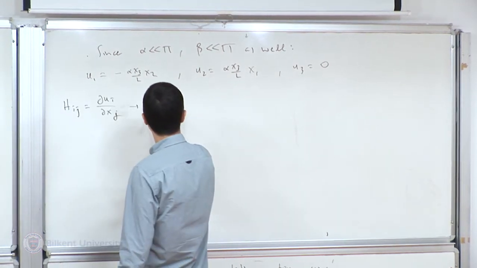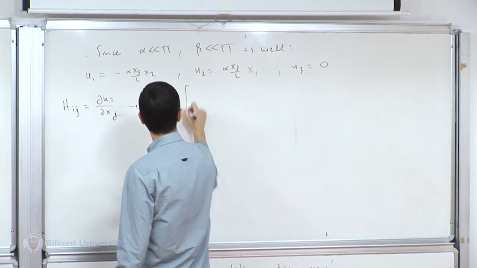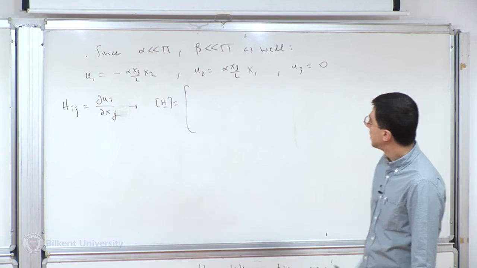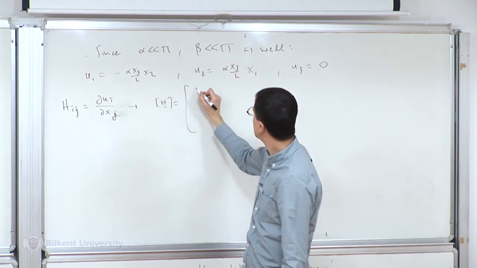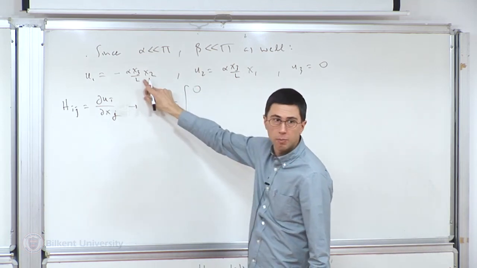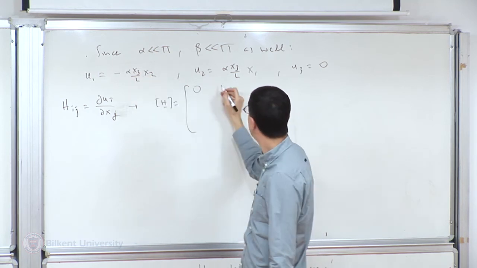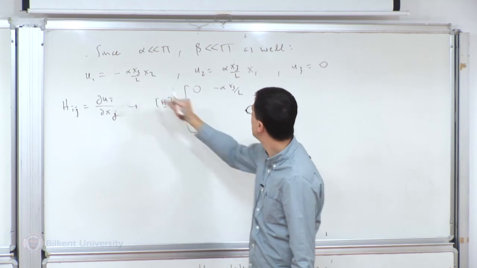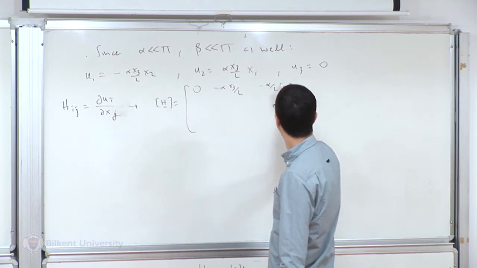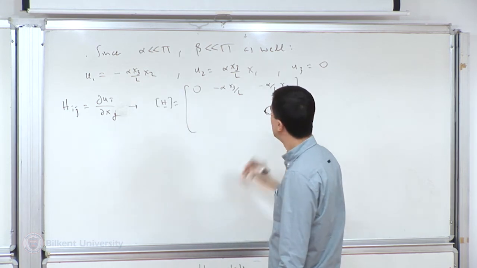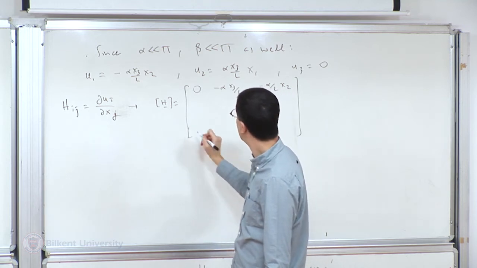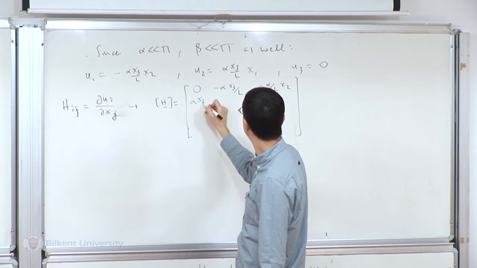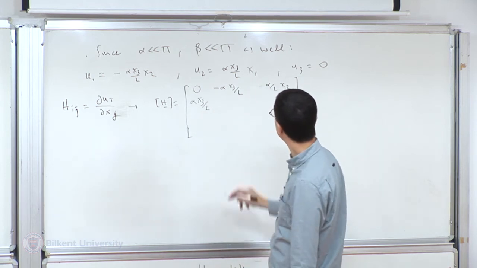So we have H. Okay, so 1 comma 1, that's a 0. 1 comma 2, minus alpha x3 over L. 1 comma 3, minus alpha over L x2. 2 comma 1, it's alpha x3 over L.